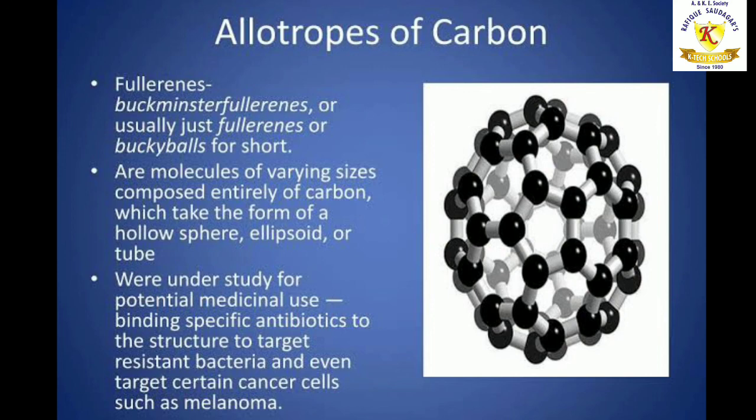They are under study for potential medicinal use, binding specific antibiotics to the structure to target resistant bacteria and even target certain cancer cells such as melanoma. So this was all about the fullerene. Understood, children?